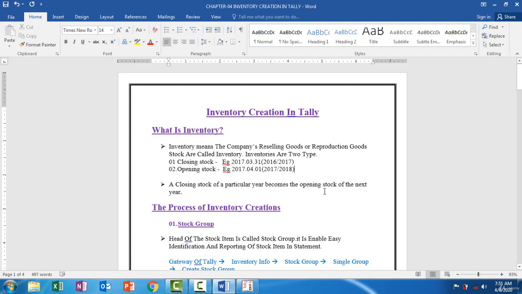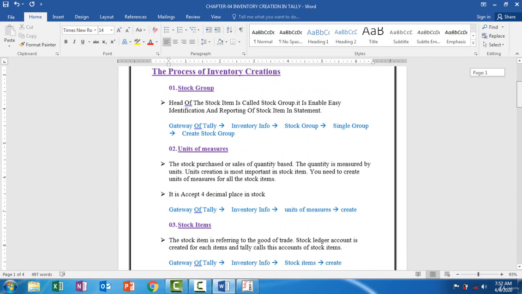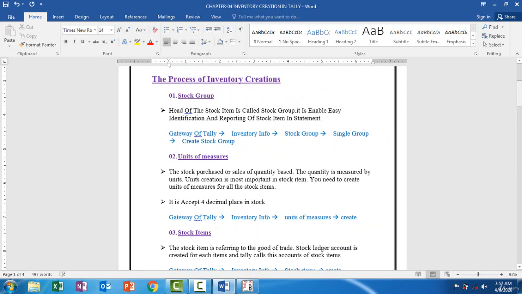The next one is the process of inventory creation. There are three processes in inventory creation. The first one is stock groups. What are stock groups?